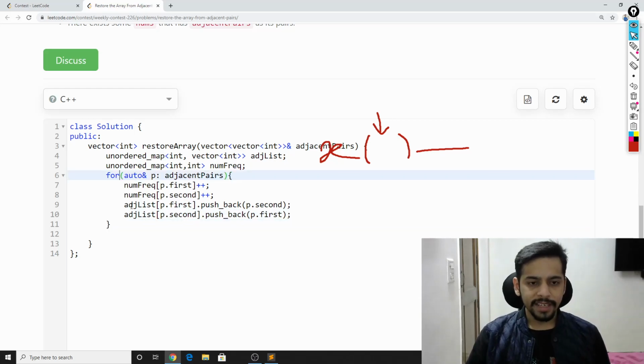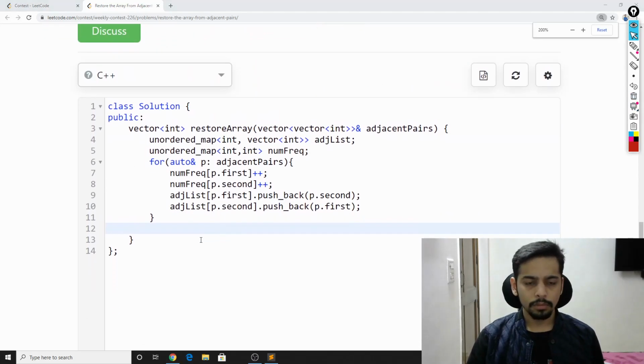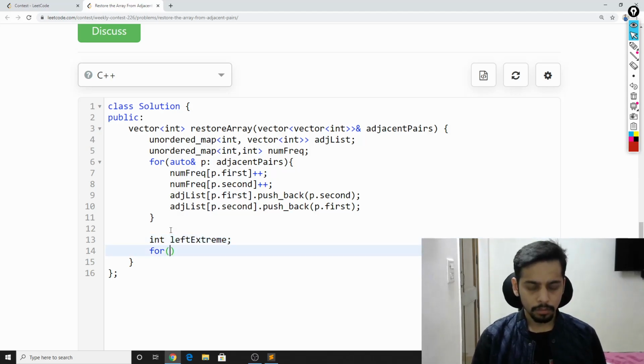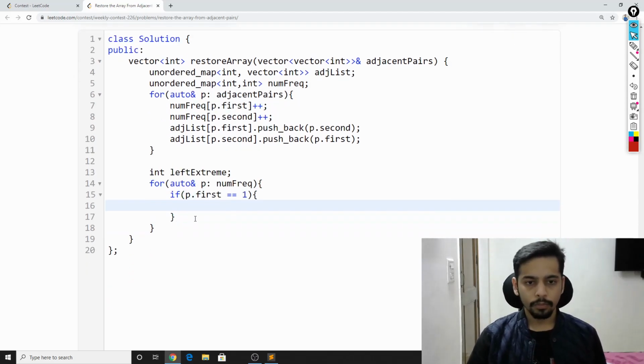Okay, so this thing is ready. Now I'll traverse this entire thing to find out who is the guy who appeared only once. So, left extreme, for every auto pair belonging to the num frequency mapping. If p dot first equals 1, then this is your left extreme guy now.